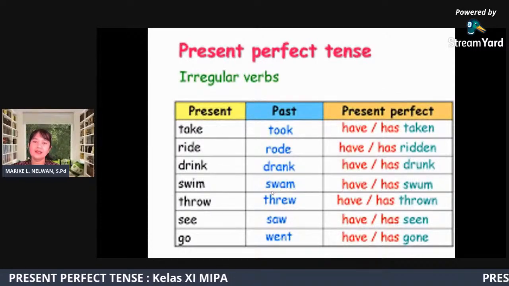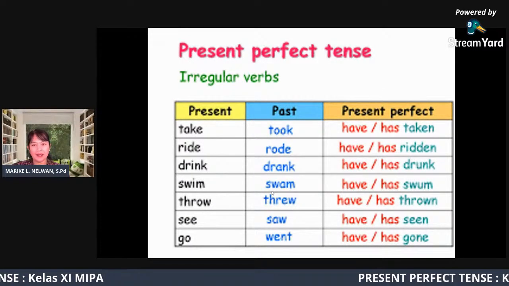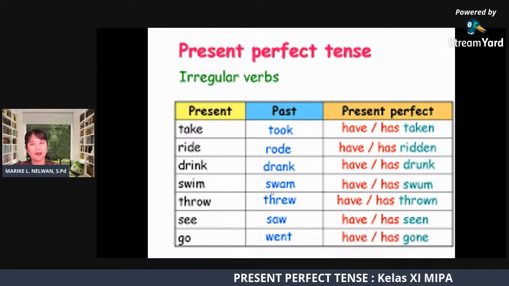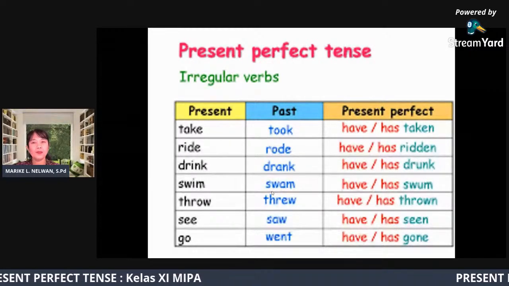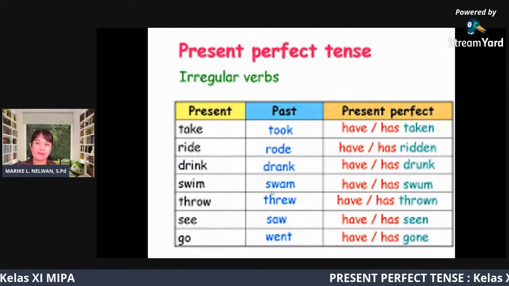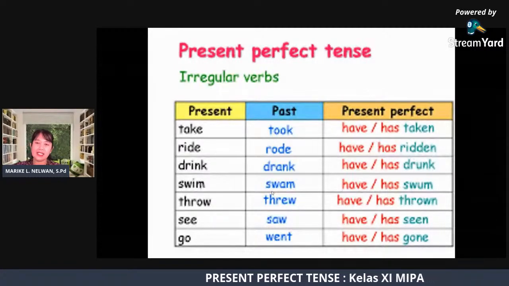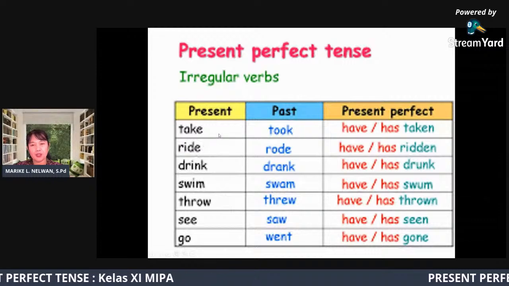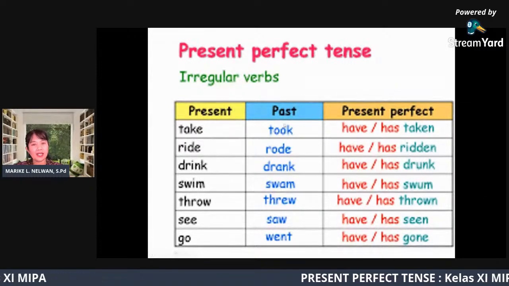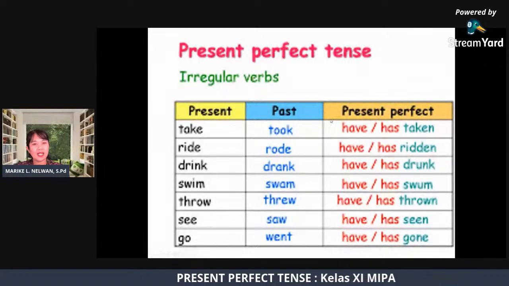Well, everyone, okay, here is the example of the irregular verbs to help you to make present perfect tense. Jadi di sini ada contoh-contoh irregular verbs. Ada bentuk pertamanya, bentuk keduanya, dan juga bentuk present perfect.